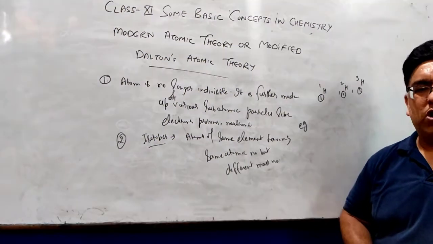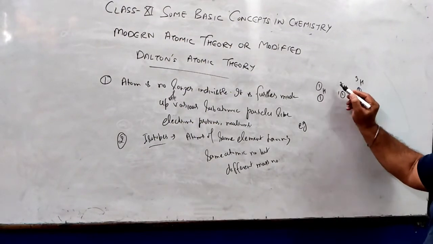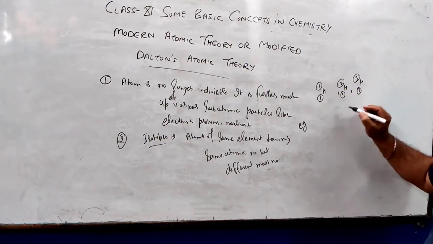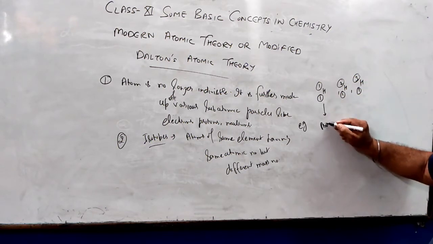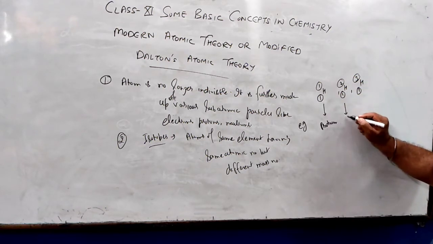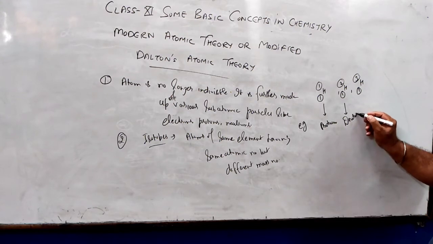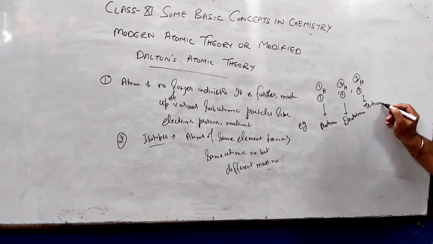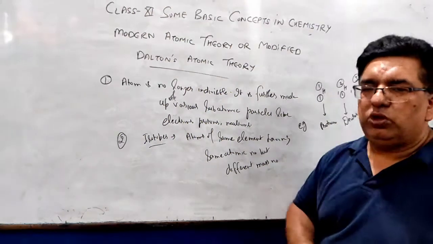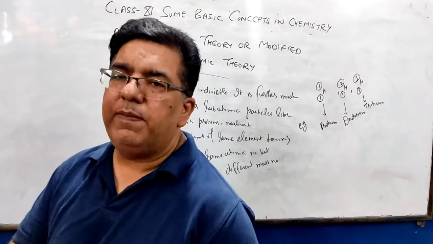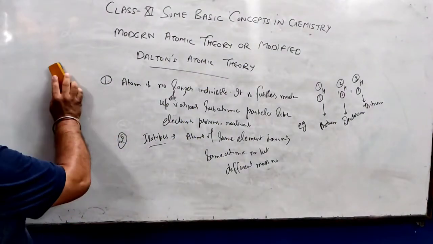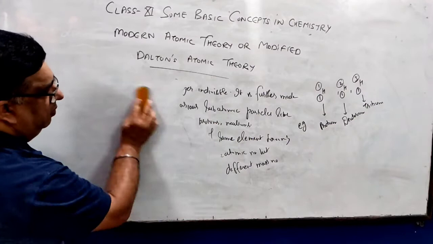These atoms have same atomic number, but they have different mass number. Here the mass number is 1, mass number 2, mass number 3. This is protium, deuterium, and this is tritium. So, in the modern atomic theory, it is said that the atoms of same element may be different in some respects. Third point.